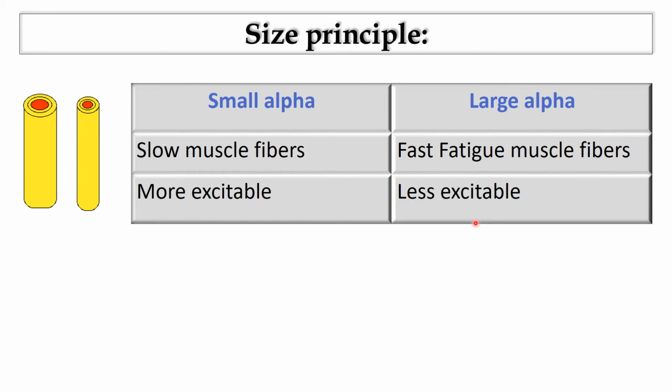What is the size principle? We have two types of alpha fibers, either small alpha fibers or large alpha fibers. Small alpha nerve fibers supply the slow muscle fibers, but large alpha fibers supply fast, easily fatigued muscle fibers, which are responsible for fast movement. Small alpha fibers are more excitable than large alpha fibers.